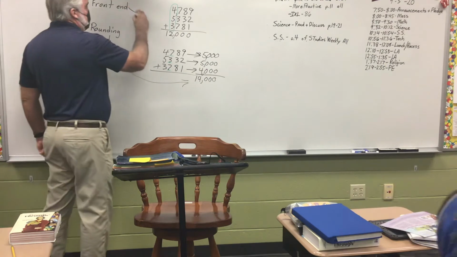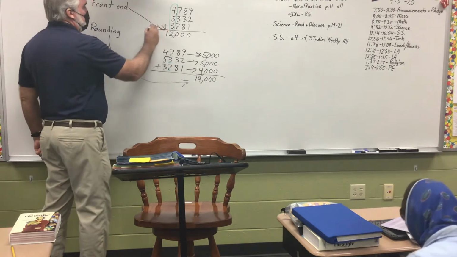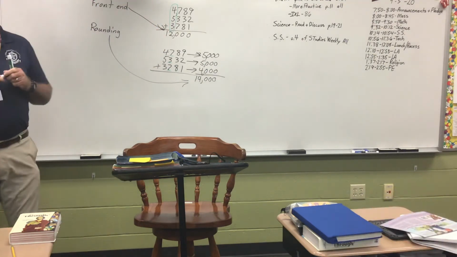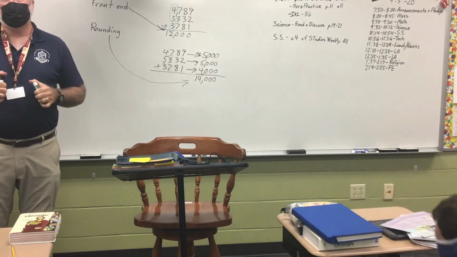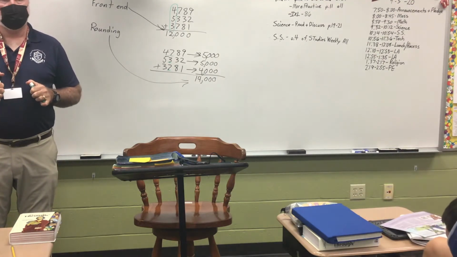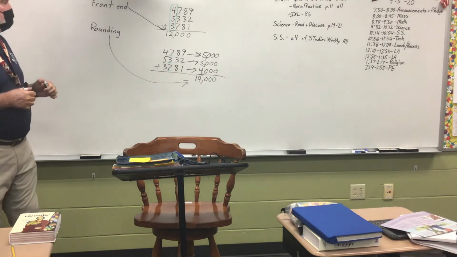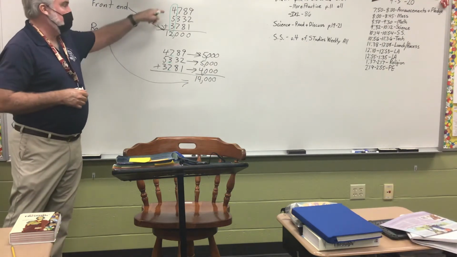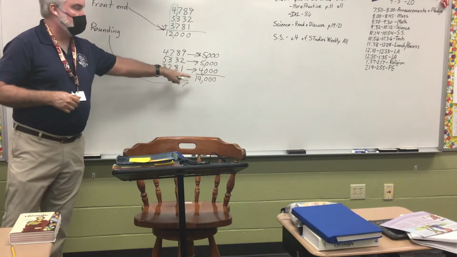And the estimate from the front end is 12,000. Is one of them wrong? No. Nope. I bet that your answer, if you were to add this up, would be somewhere between these two numbers.